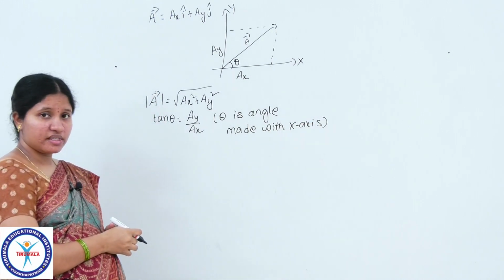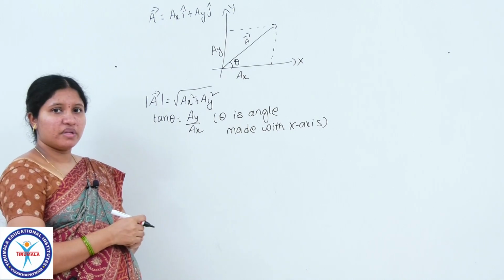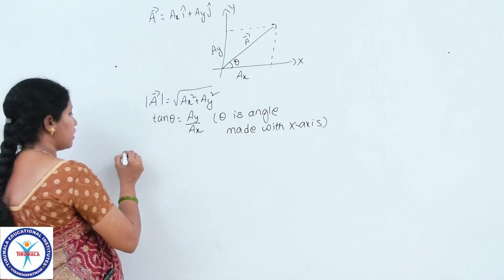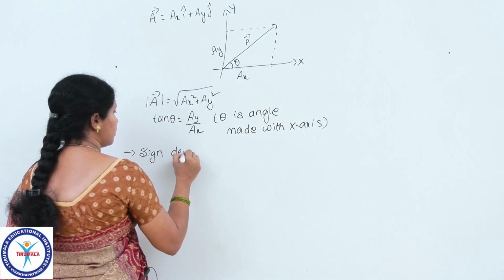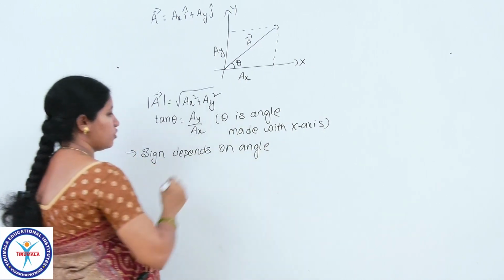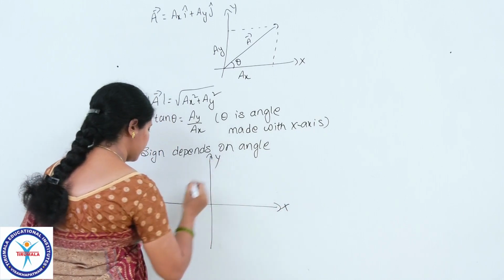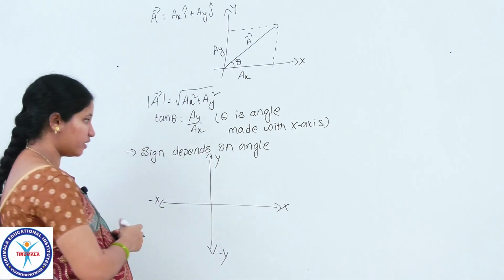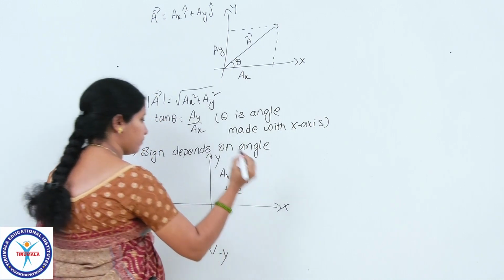And these components along x and y axis may be positive or negative, and it will have the same units as that of the original vector. The sign depends on the angle. Suppose we consider the coordinate system: in the first quadrant Ax and Ay both will be positive.